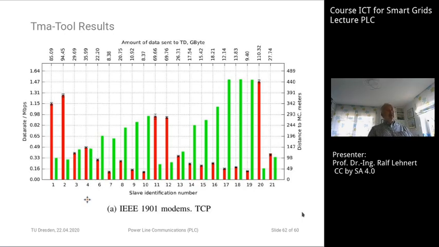So typically the data rate is not inversely proportional to the distance. In most cases it is, but there are also long distance connections which are quite good, and there are short distance connections which are quite bad.